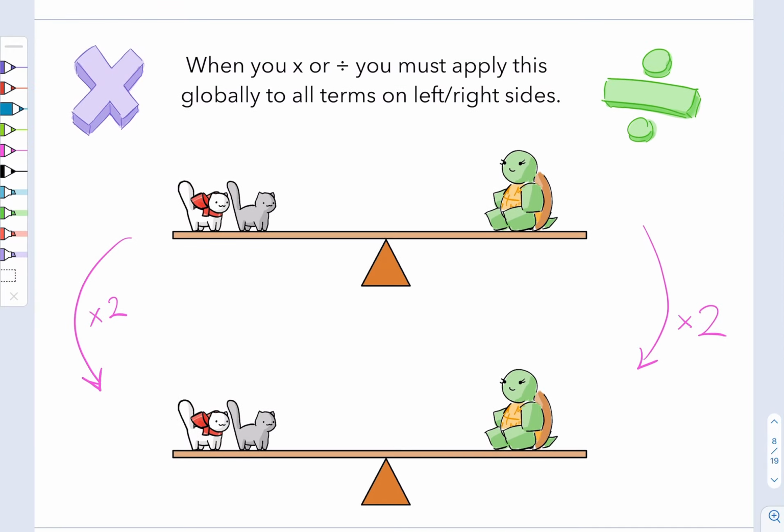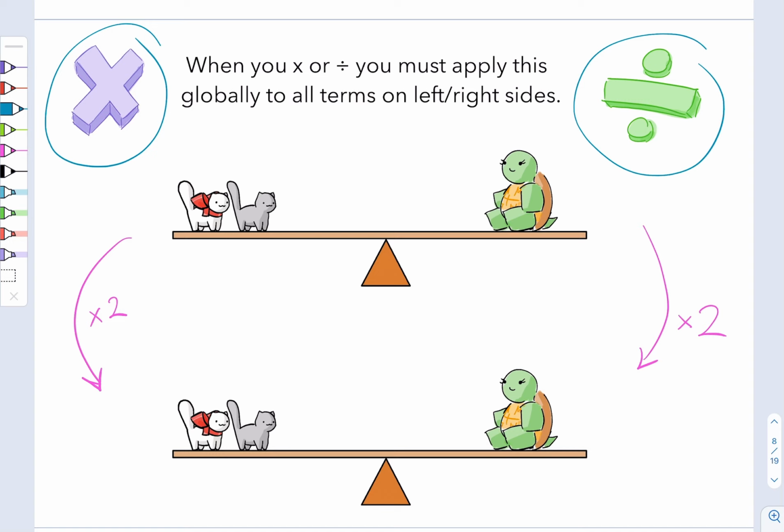When you multiply or divide, so again, I've got the icons over here, you must apply this globally to all terms on the left and right-hand sides. This usually doesn't become a problem if you are following the right sequence of events when you're solving an equation. However, when you get to the really complicated stuff that you see later on in high school, you may have to apply this.